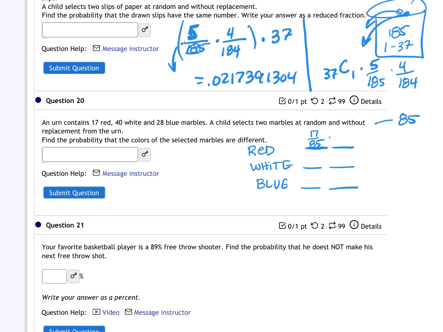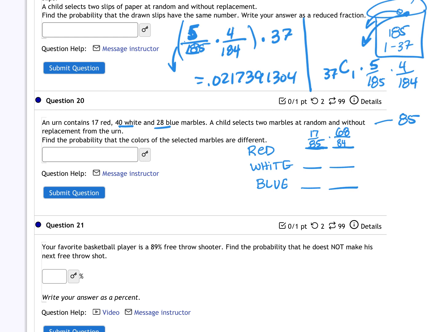And then to not get red, now I took one red out, right? So now there's only 84 left in there. I need to not get the red, and there's 68 that are not red because those are white and blue. Right? So I can do that one. That's if I get red first.